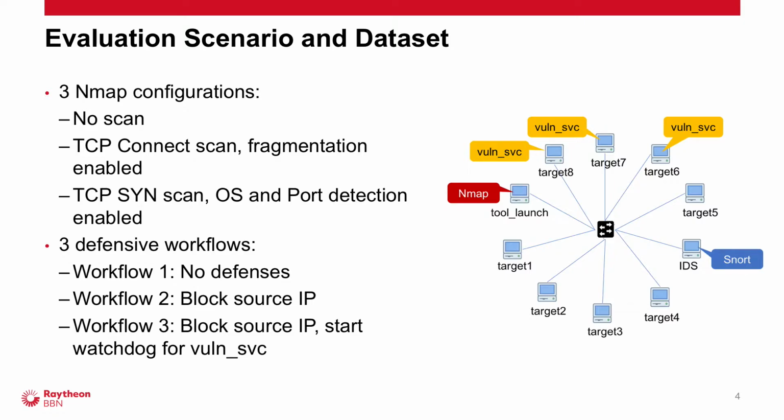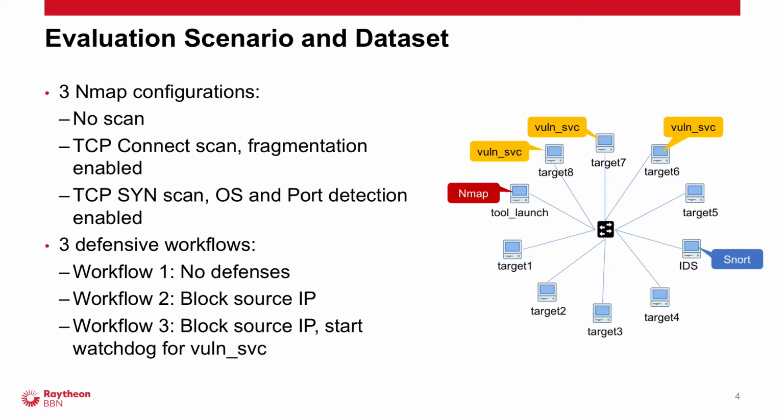The story behind this scenario is, let's say we have this network here, and some attacker has gained inside access to this network, is going to issue an Nmap scan and see how much they can learn about the network. In addition to that, on targets 6 through 8, we have a vulnerable service running.